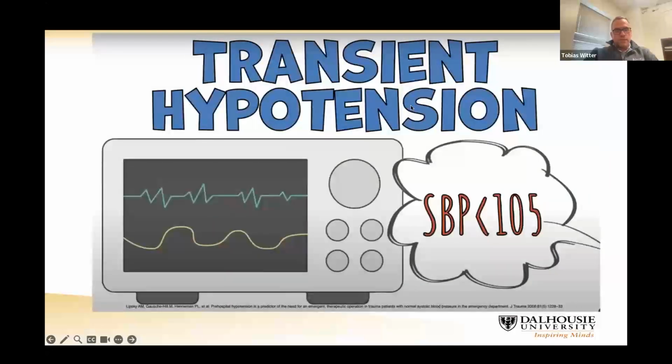Another way to predict if the patient should be on the alert scale for massive transfusion is if there's, at any point during that whole course, hypotension with a systolic blood pressure of less than 100. That predicts, again, massive transfusion needs, high transfusion requirements, and further interventions very well.